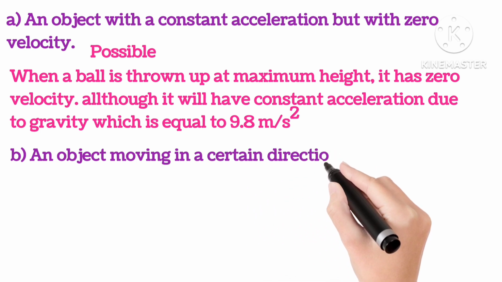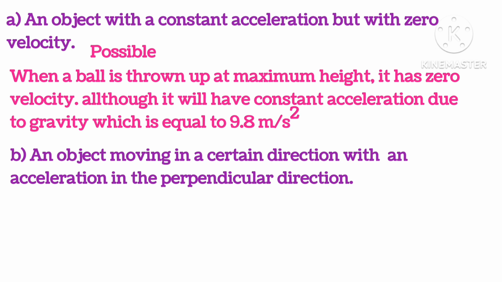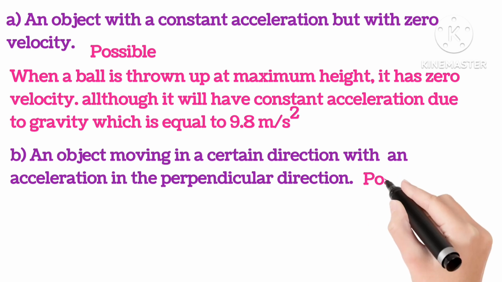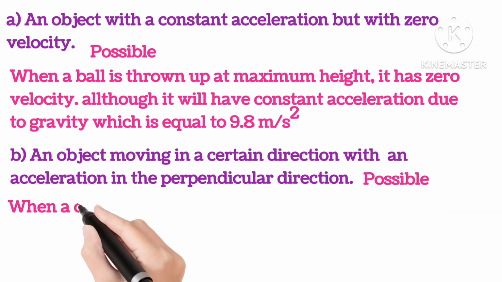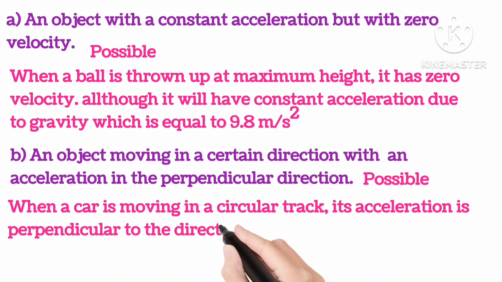B. An object moving in a certain direction with an acceleration in the perpendicular direction. It is also possible. Example is when a car is moving in a circular track, its acceleration is perpendicular to the direction.